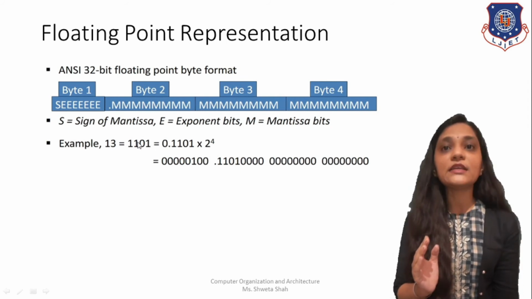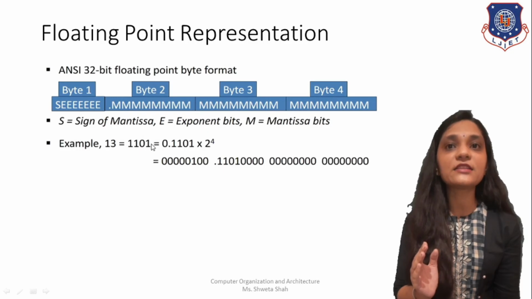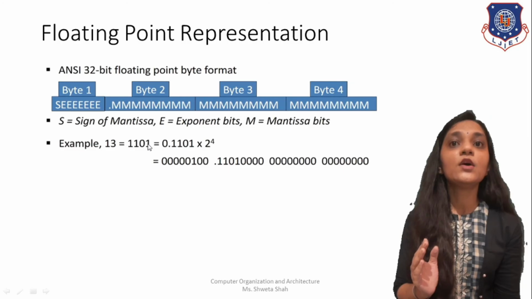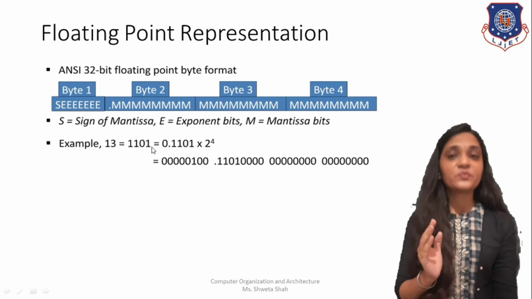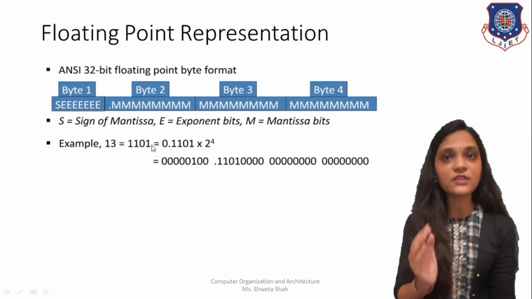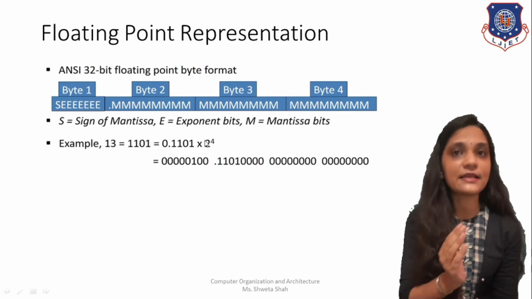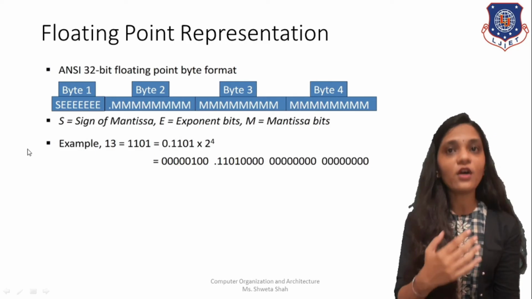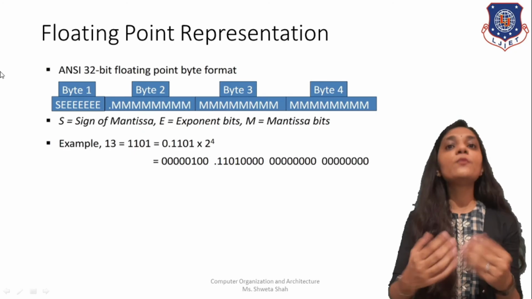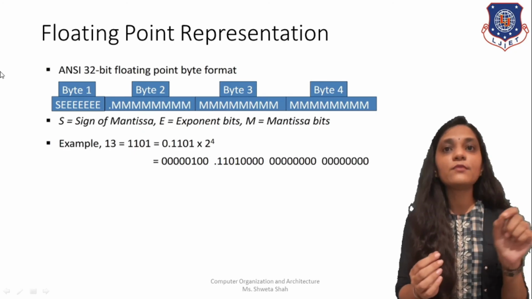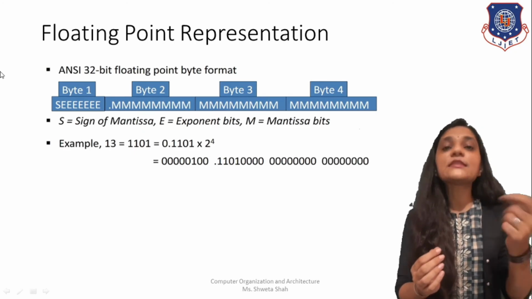Here we have the binary point at this position, after 1101. After this one we have the binary point, and the rest of the bits are 0, because there is no meaning of writing any number after the binary point if it is 0.